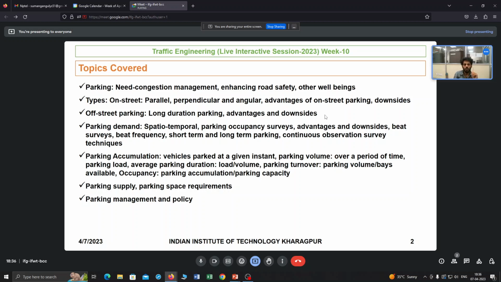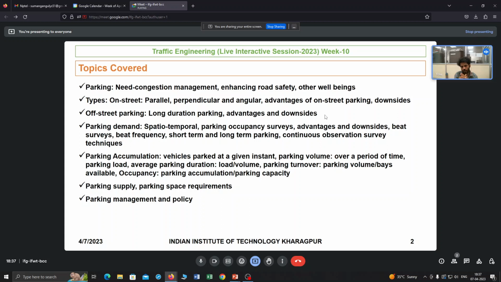Now suppose you find at a particular instance 20 vehicles, 30 vehicles, 40 vehicles. So how many vehicles do you have? 40 plus 30 plus 20 is your total, maybe over 3 hours, the total parking volume: 40 plus 30 plus 20 is 90.